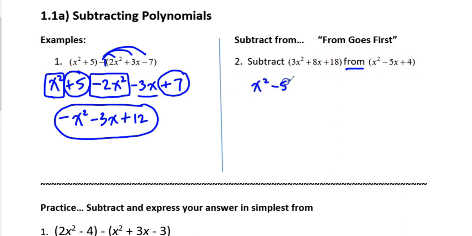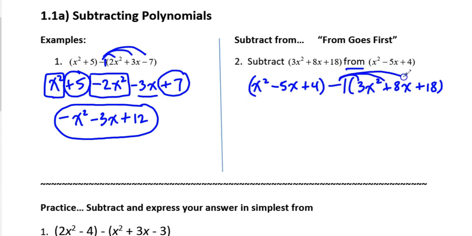Of course, I have to keep these in parentheses. Minus this. Okay, so let's see, I'm going to distribute my negative sign, and they're all positive in what we're subtracting, so I'll have all negatives there.